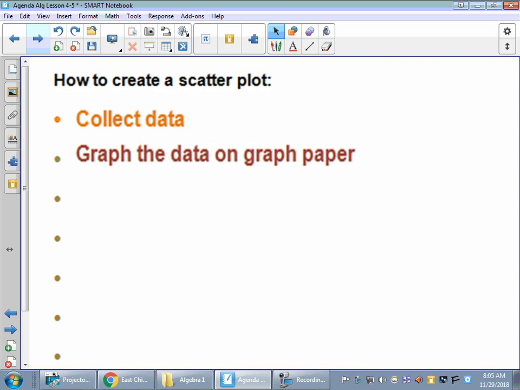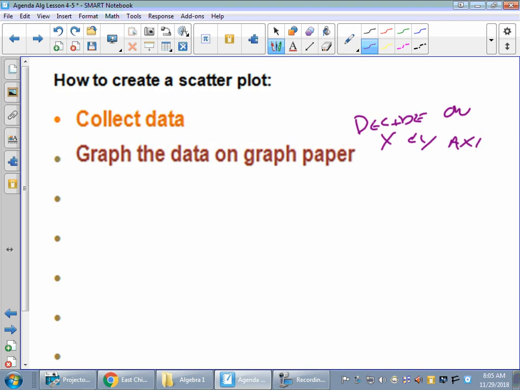And by doing that, we have to, of course, look at our graph and decide on your x and y axis. And just remember which one's the independent variable, which one's the dependent variable. Those are the ones we have to look at. Decide on your x and y axis.